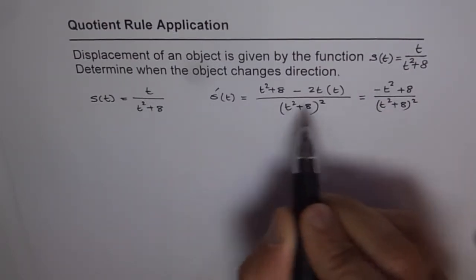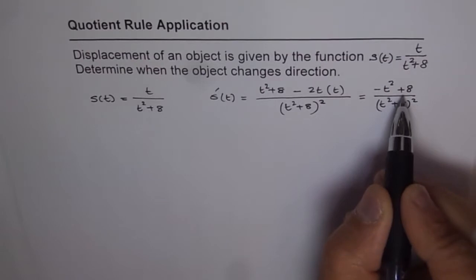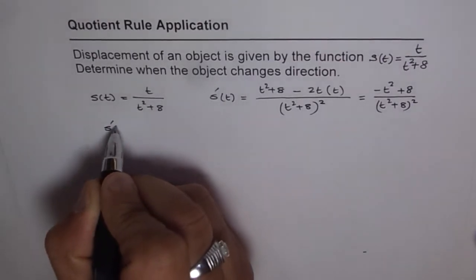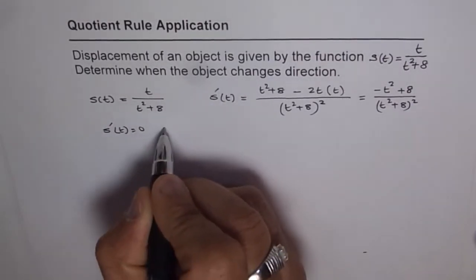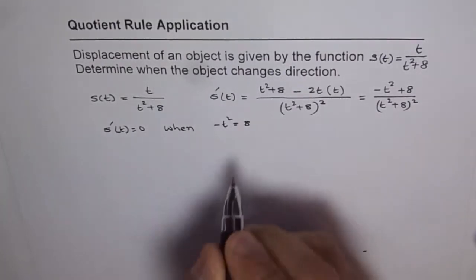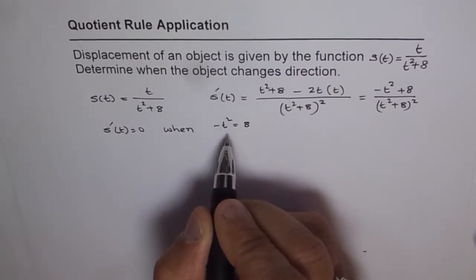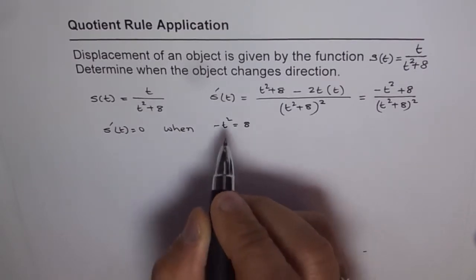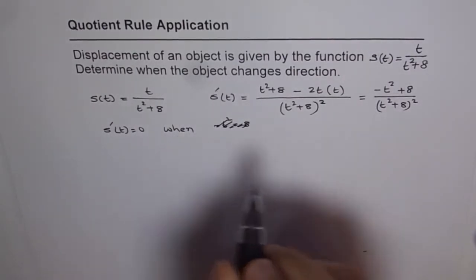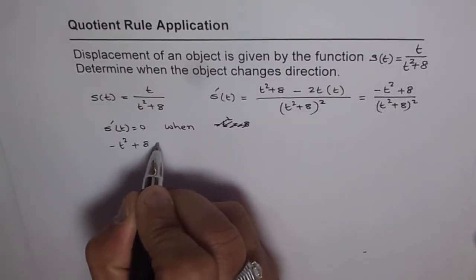Now for this to be 0, we have to equate 8 minus t squared as 0 and then figure out what the points are, right? So s dash t is equal to 0 when minus t squared plus 8 equals 0, right?